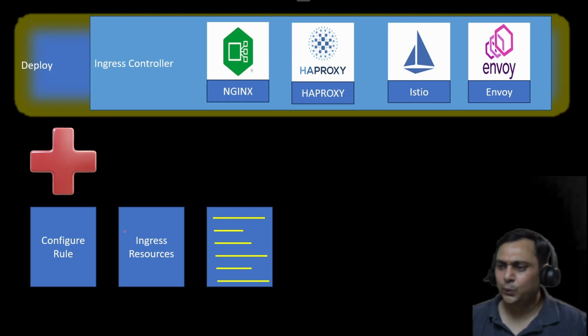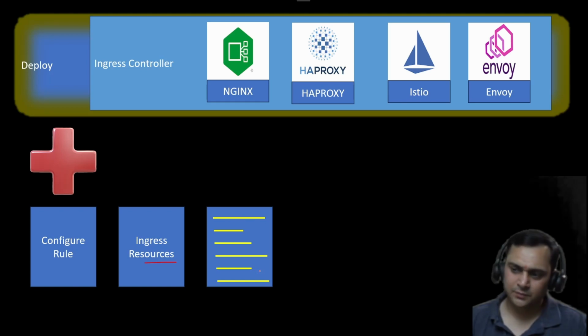Plus the rules: the ingress controller will read the rules and forward the traffic with the help of these ingress resources. In an interview, they may ask what's the difference between ingress controller and ingress resources. For now, understand that ingress resources are the configuration rules that we apply on the ingress controller.